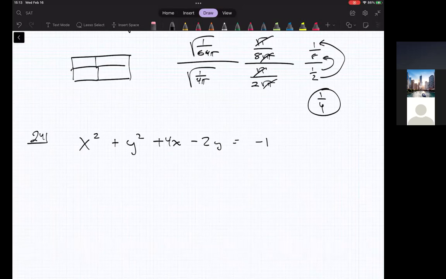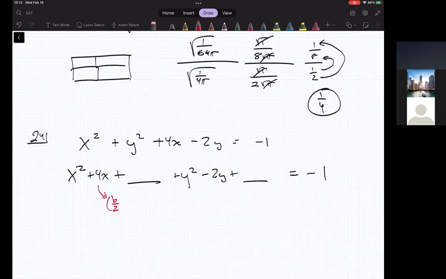Okay, here's how we complete the square. First of all, organize all the variables together. x² + 4x + blank, y² − 2y + blank = −1. Completing the square requires you to take half of the b value and then square it.